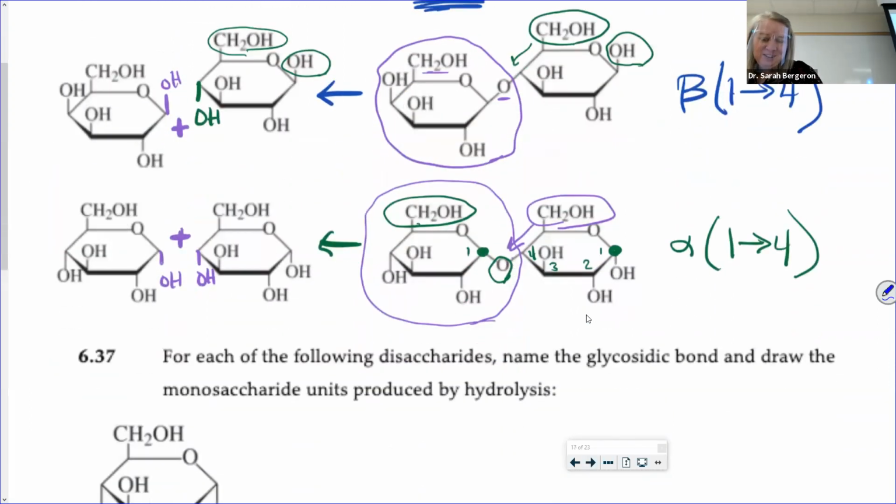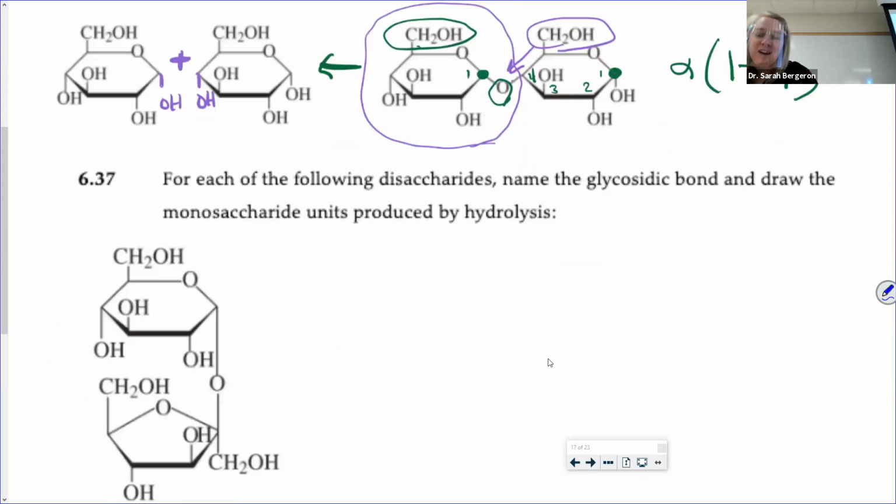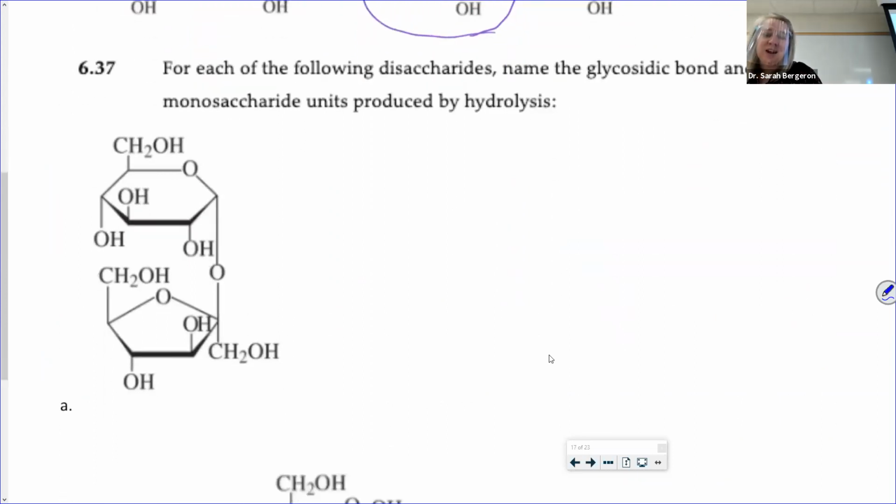All right. For each of the following disaccharides, name the glycosidic bond and draw the monosaccharide units produced by hydrolysis. Let's take it one at a time. Let's name it first. What are we going to look for first? My anomeric carbon. My anomeric carbon is between 2 oxygens.